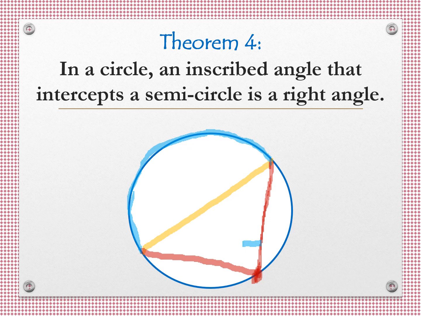So we can draw here a square corner, meaning to say the measure of this is 90 degrees. So don't forget that the measure of a right angle is 90 degrees. As long as the inscribed angle intercepts a semicircle, which is this one, then the measure of this angle is right angle or 90 degrees. So that's the meaning of theorem number 4.